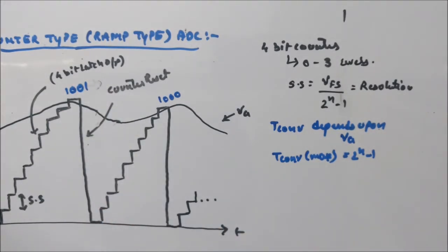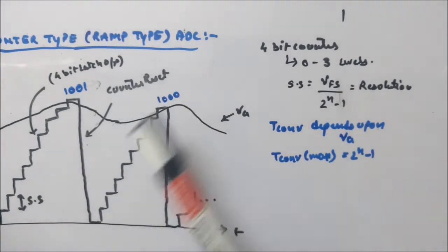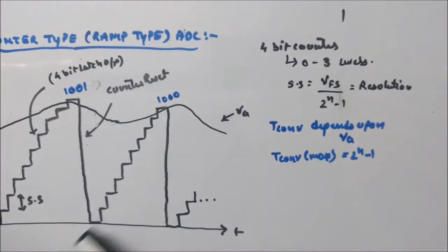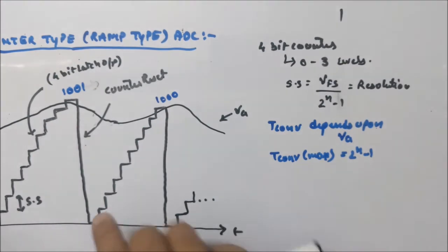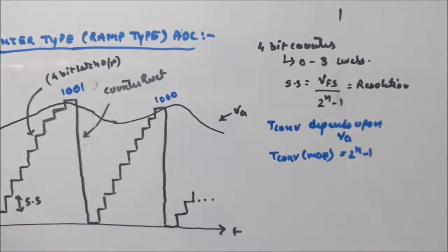Moreover, it takes time to rise up, it comes down and again rises up, so it is a slow type of A to D converter, plus it is missing the analog inputs as well.